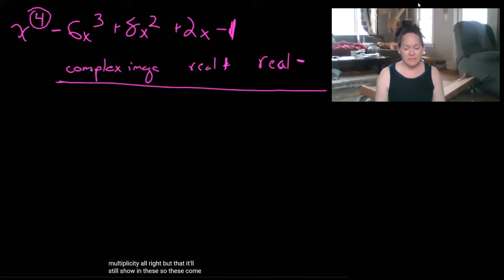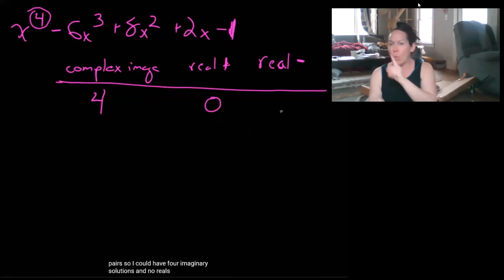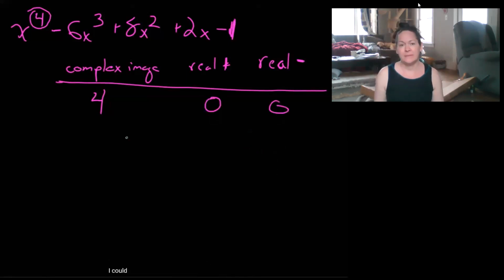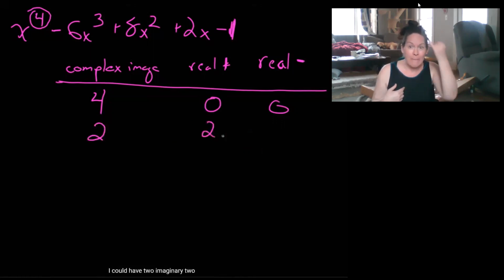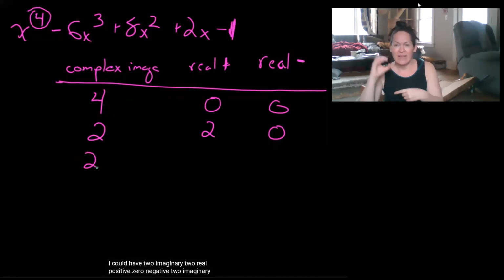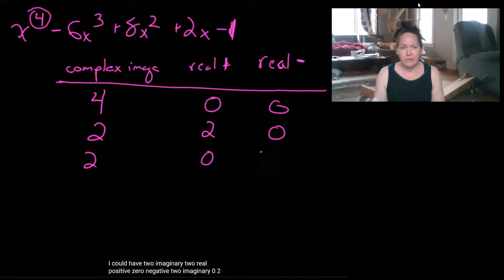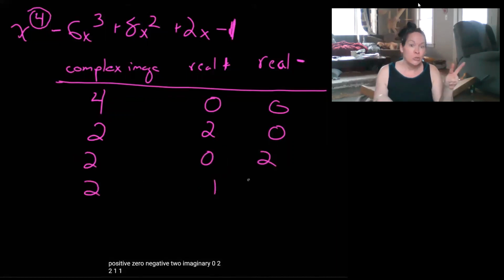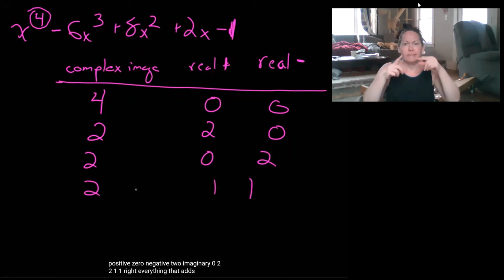So these come in pairs. So I could have 4 imaginary solutions and no reals. Right? I could have 2 imaginary, 2 real positive, 0 real negative, 2 imaginary, 0, 2, 2, 1, 1, right? Everything that adds up to 4.